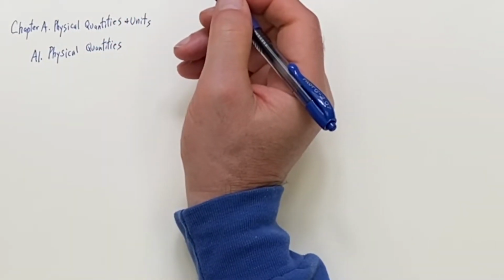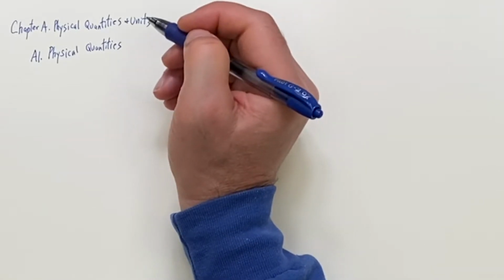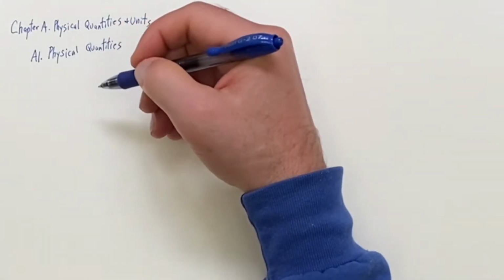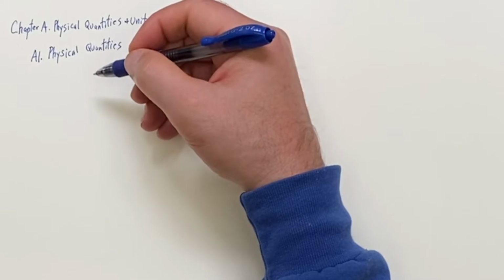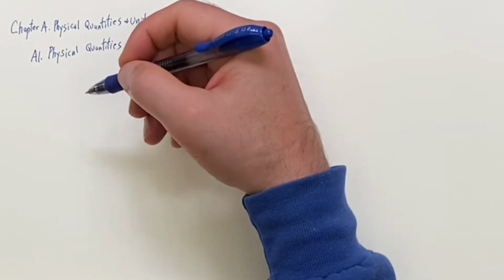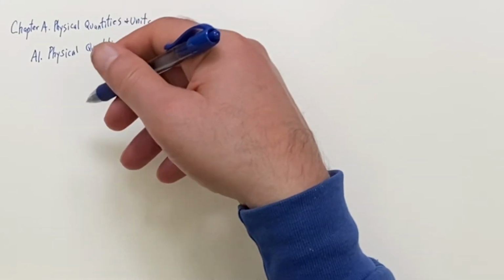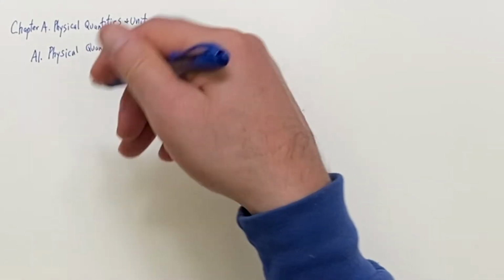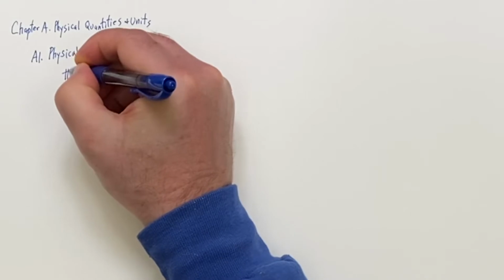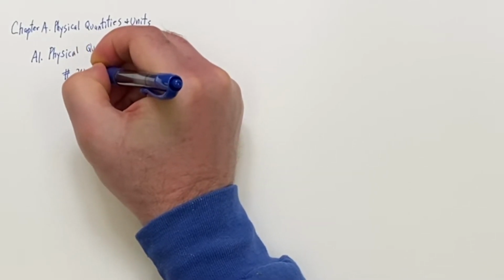Now, a physical quantity is one where you make a measurement, have a number, and you have a unit. Or maybe you calculate that from some other measurements. So we have a number followed by a unit.